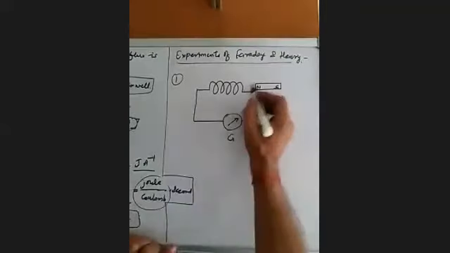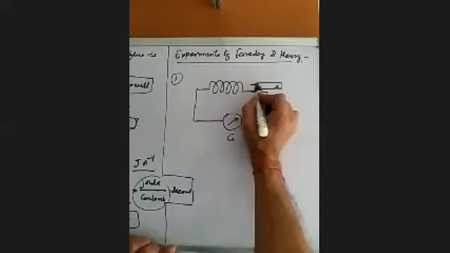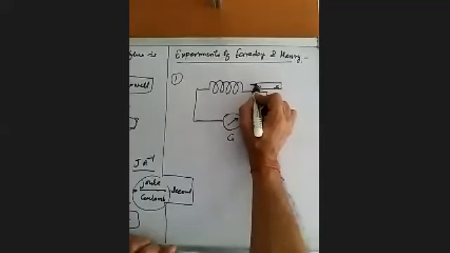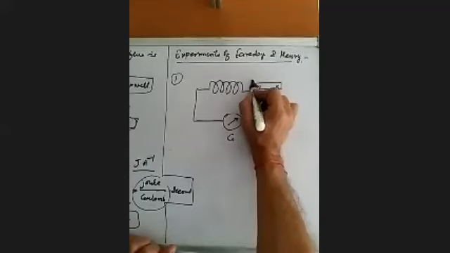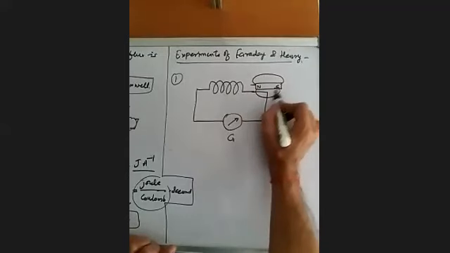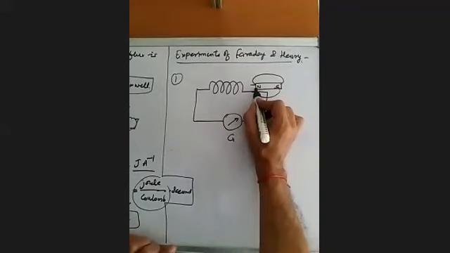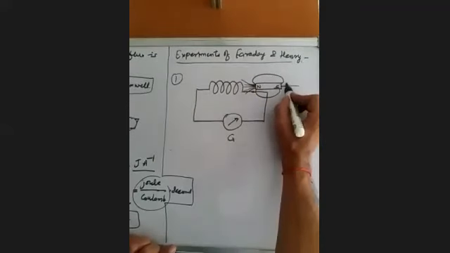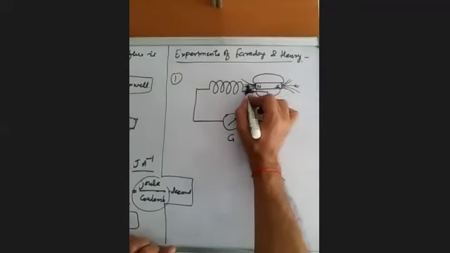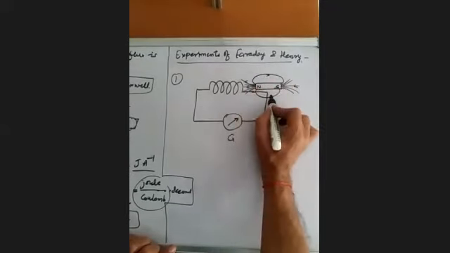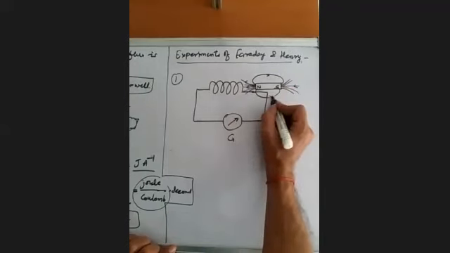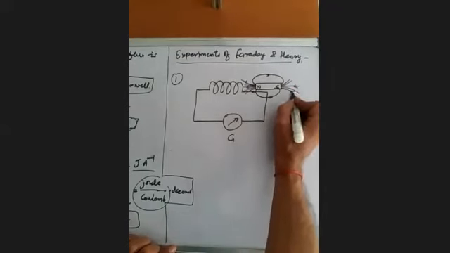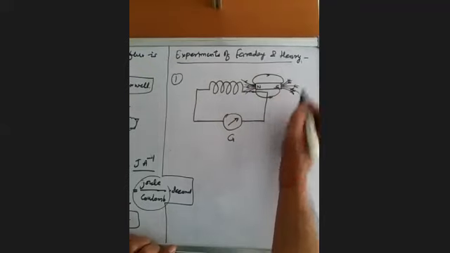And we know that there are magnetic field lines around the magnet. On the outside, the magnetic field lines are from north to south. And inside, they are from south to north. So like this. Okay.